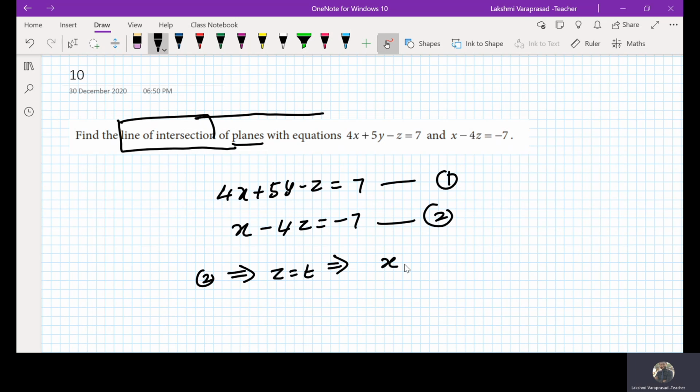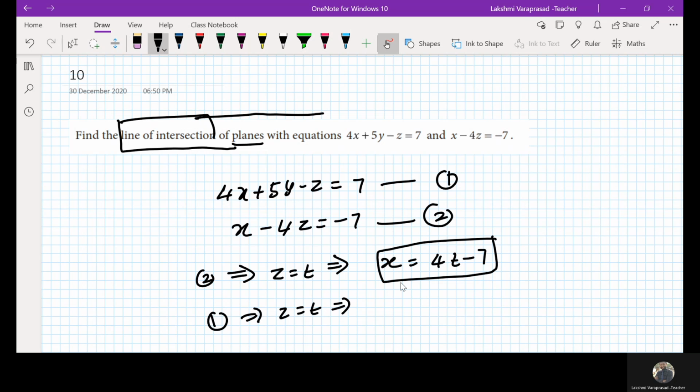From here, x is equal to 4t minus 7. From equation 1, z is again equal to t. So 5y is equal to t plus 7 minus 4x.